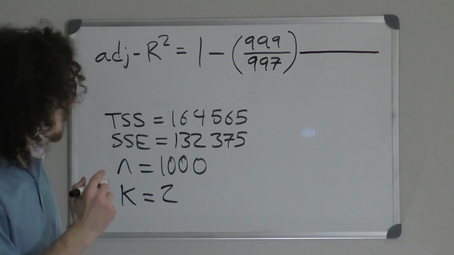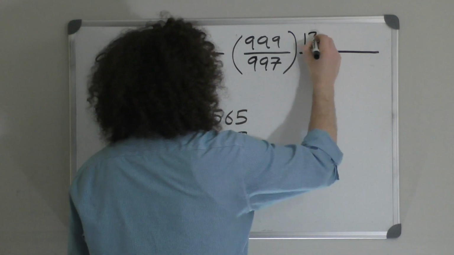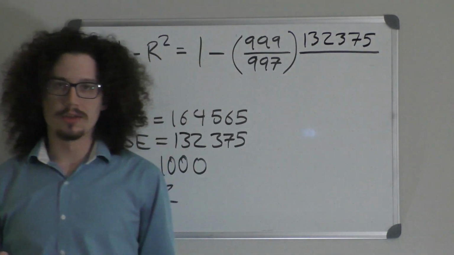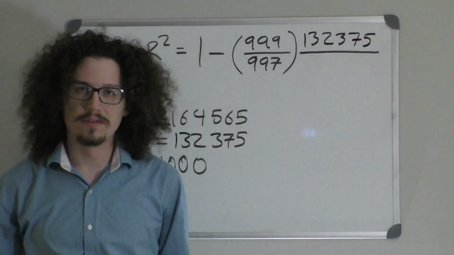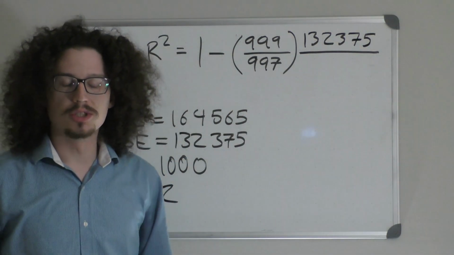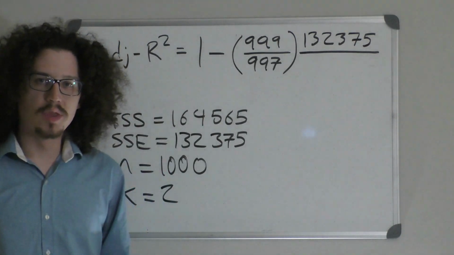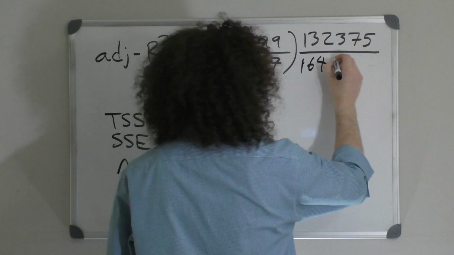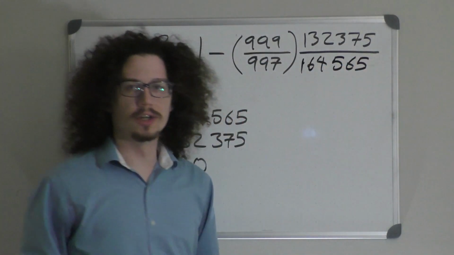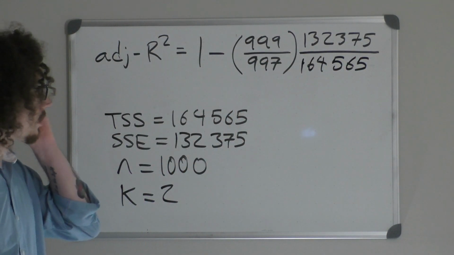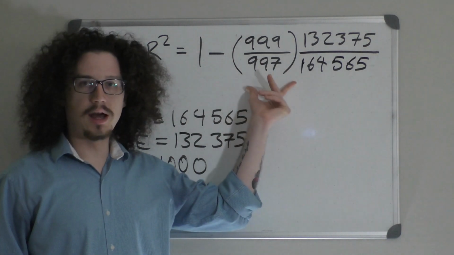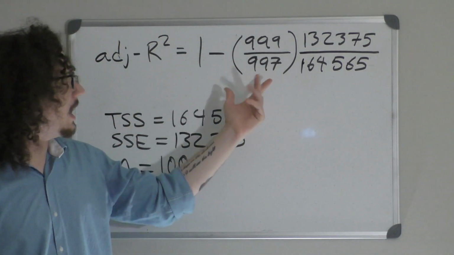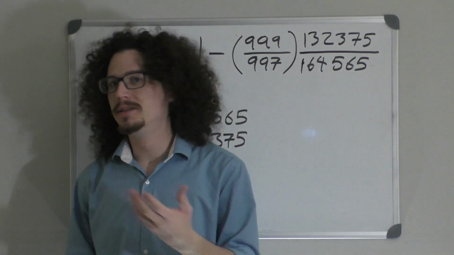And we're going to multiply that by the sum squared error, 132,375 divided by our total sum of squares, which will be 164,565.